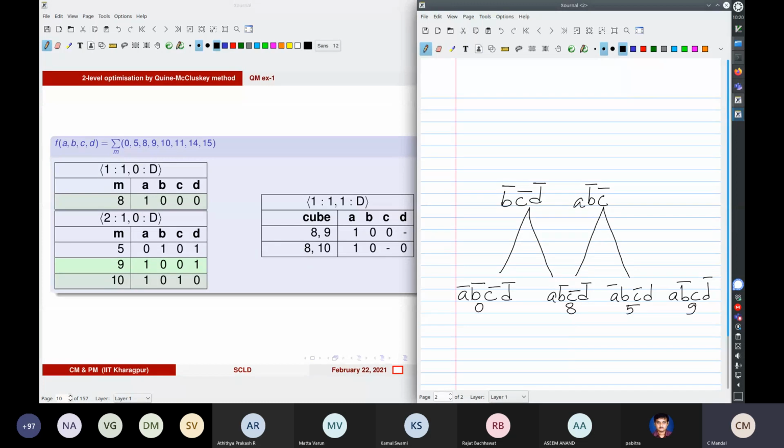I must have made a mistake combining this also. So when I combine this, B will go out, right? So it will be A, C bar, sorry, 8, again I made a mistake here. No, 8 is okay.